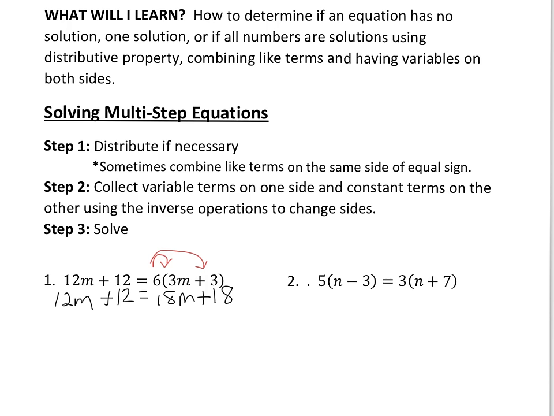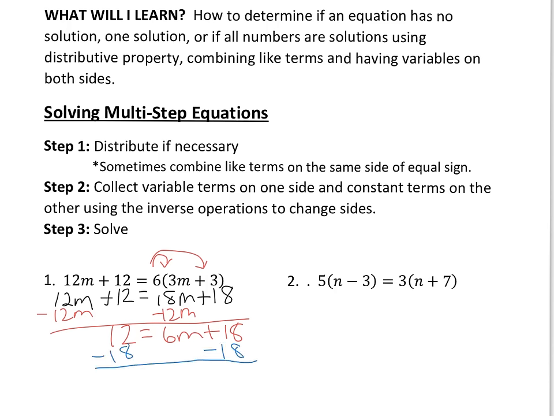So in this case, I'm going to subtract 12m from each side of the equal sign, and I'm left with 12 equals 6m plus 18. My next step is to subtract 18 from each side, and I'm left with negative 6 equals 6m. Now I can divide each side by 6, and my answer is m equals negative 1.